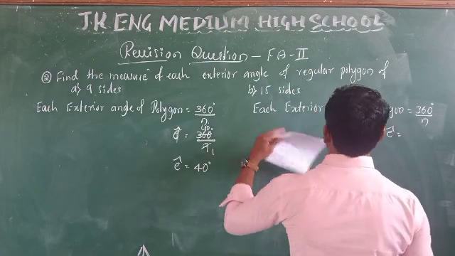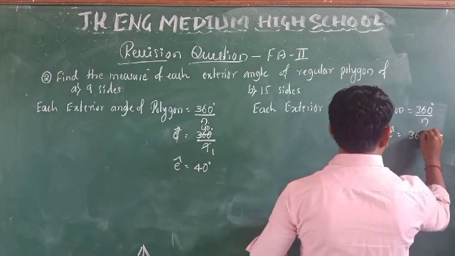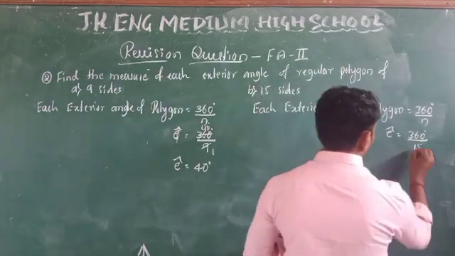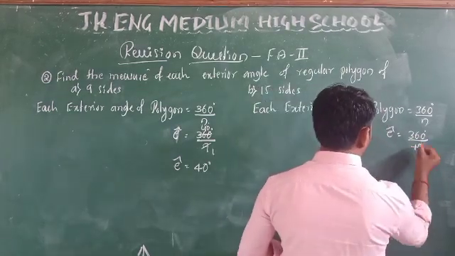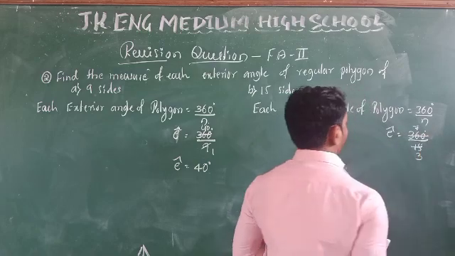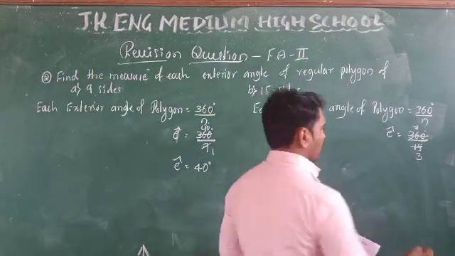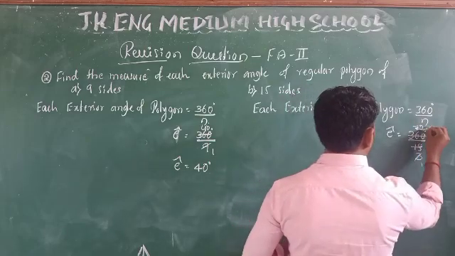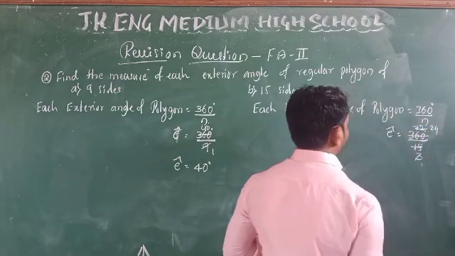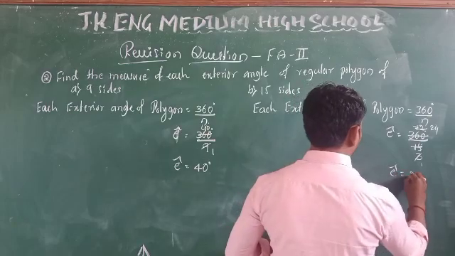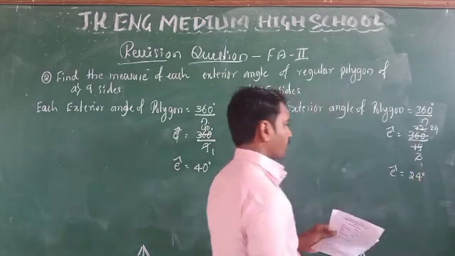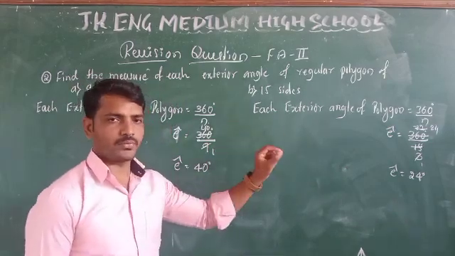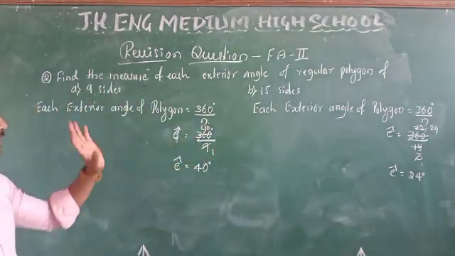Angle is equal to 360 degree divided by 15 sides. So 15 times 2 is 30, 15 times 4 is 60, 360 minus 300... Each angle is 24 degree. Each angle is how much? 24 degree. So write down the answers and practice them.